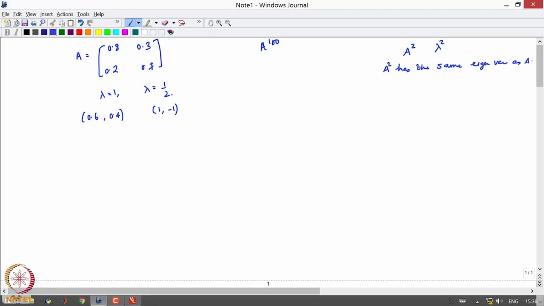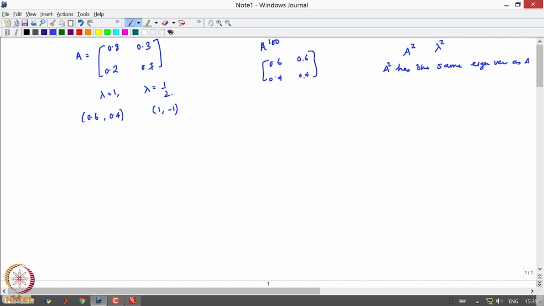Now what does A power 100 look like? Apparently A power 100 would look close to something like [0.6 0.6; 0.4 0.4].